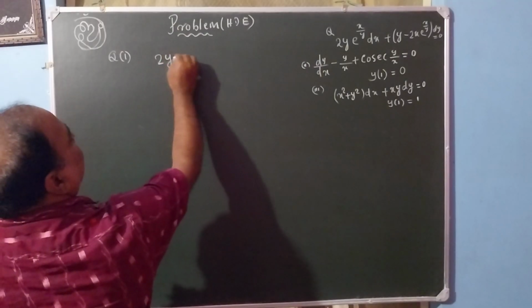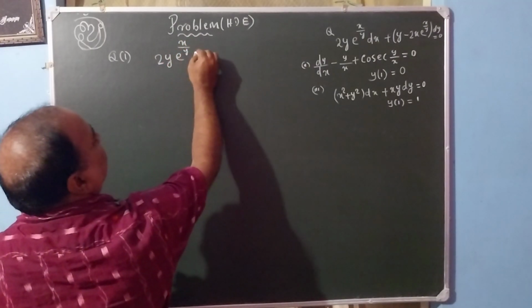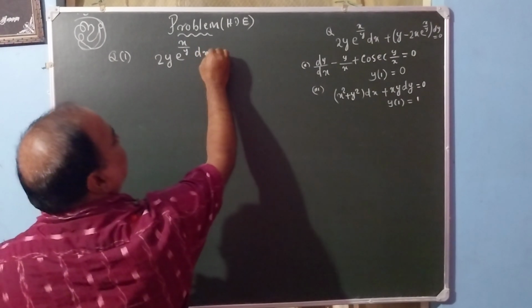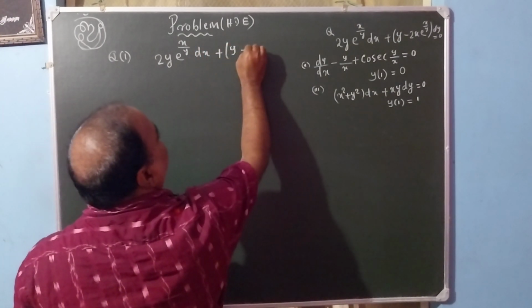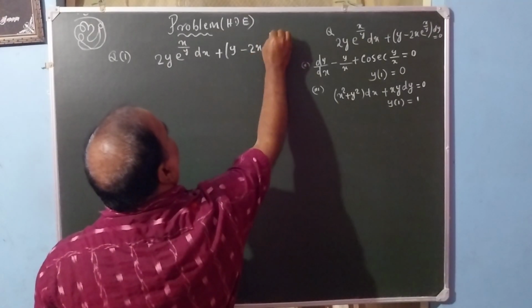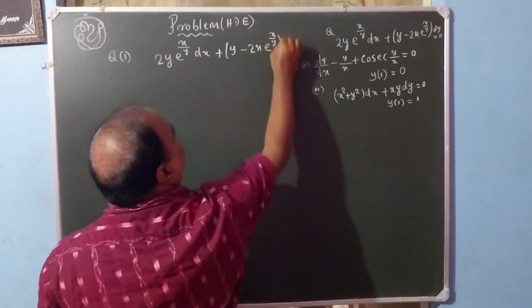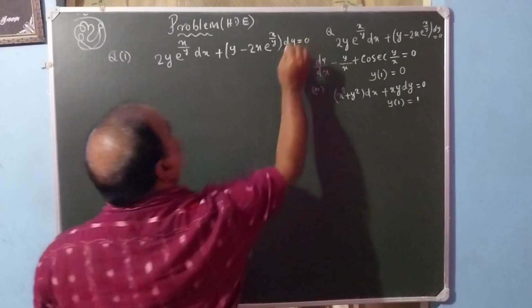2y e to the power x by y dx plus (y minus 2x e to the power x by y) dy is equal to 0.